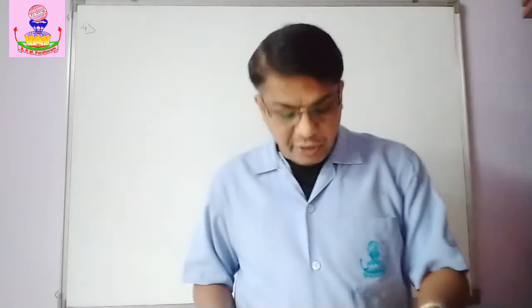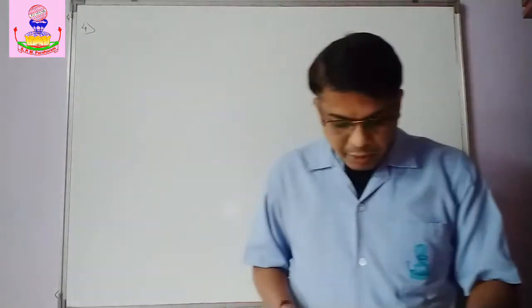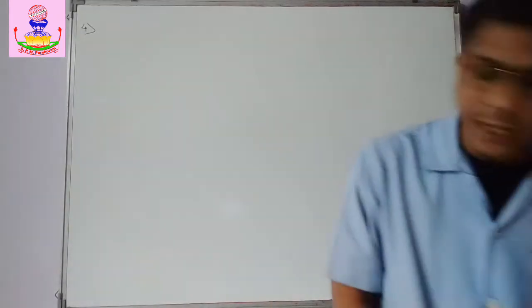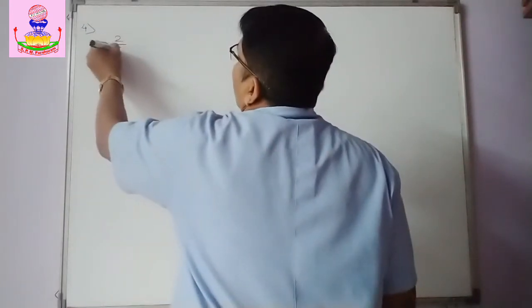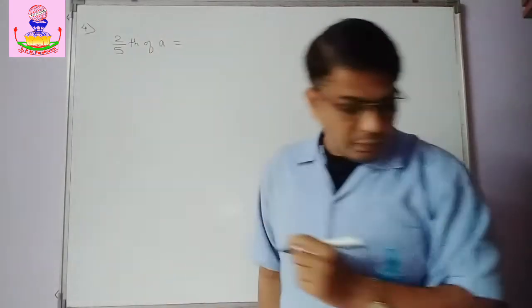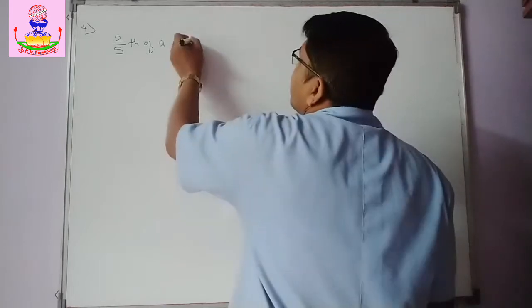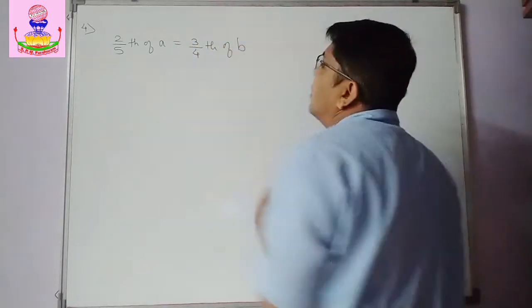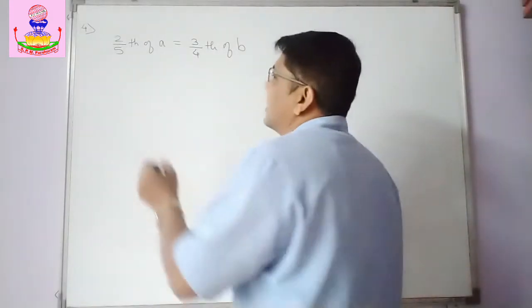Now see the fourth: if 2/5 of A is equal to 3/4 of B, find the ratio of A to B. So 2/5 of A is equal to 3/4 of B. Now, of means multiplication.